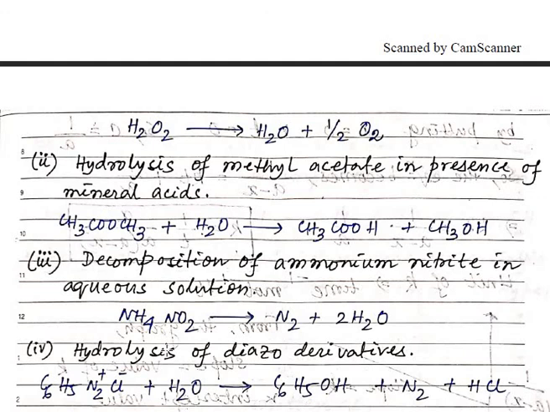Next, the examples of the zero order reaction, and then we discussed the first order reaction. This is very important in the case of the first order reaction, the rate expression, which is K is equal to 2.303 by T log of A by A minus X. So this is very, very important for numerical problems also.